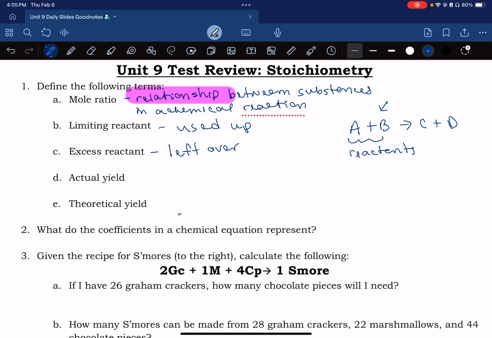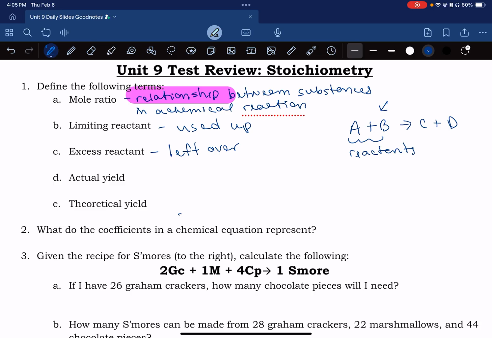Just like if you were to take out 3 pieces of meat from your refrigerator and you have 50 pieces of bread, it will not matter that you have 50 pieces of bread because you can only make 3 sandwiches, assuming you're going to use 1 piece of meat per sandwich. So in this particular example, the meat would be limiting.